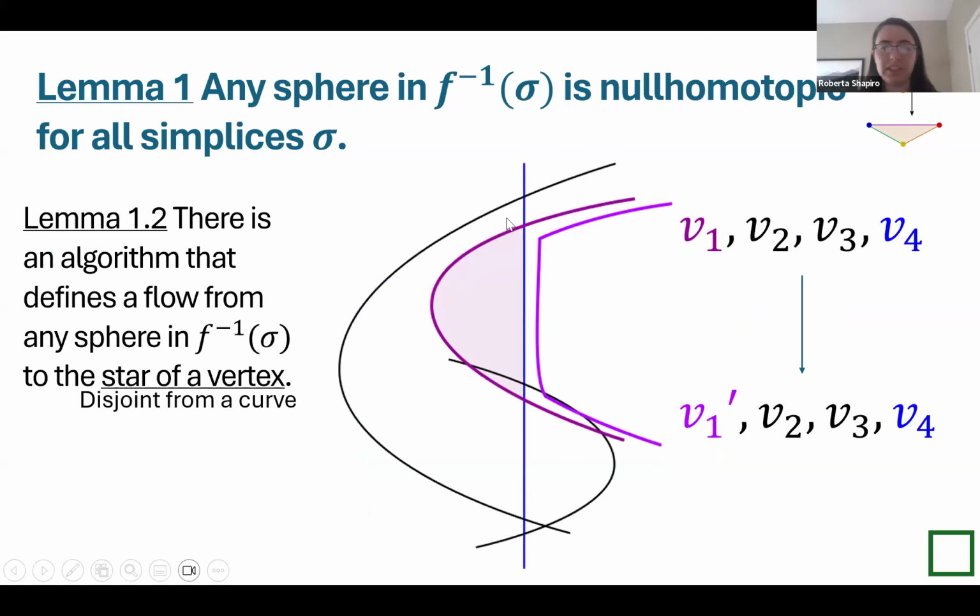So how do we do this again? Well, we do the same trick of getting ourselves to a larger simplex and then flowing from one face to another. So how can we decide what order to do this in? If we fix a curve v4, it doesn't matter which one it is, we choose v4 and try to flow ourselves into the star of v4. So we want to be disjoint.